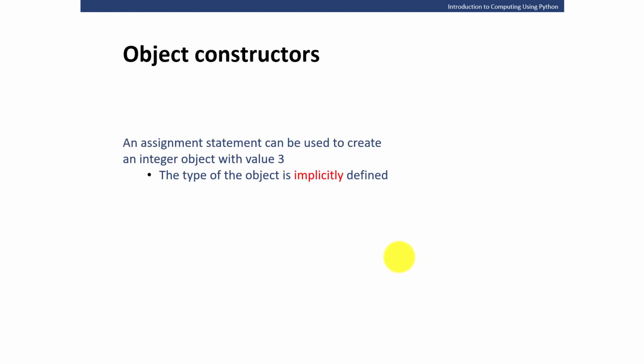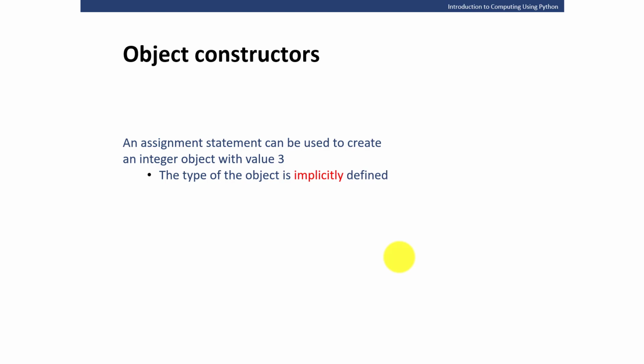All right. So an important thing to understand, since we're dealing with object-oriented programming and classes, is that each type in Python is related to a class that has already been developed.